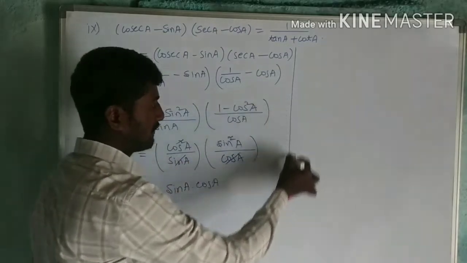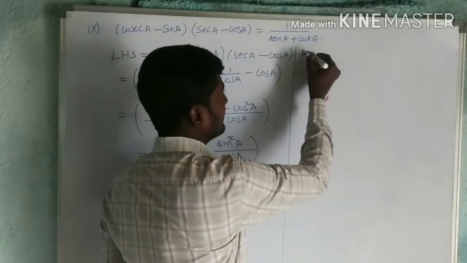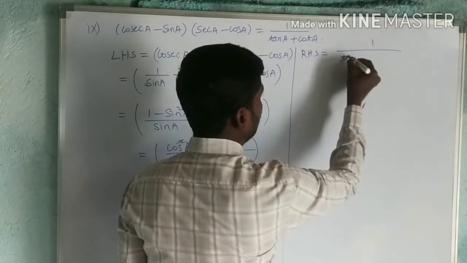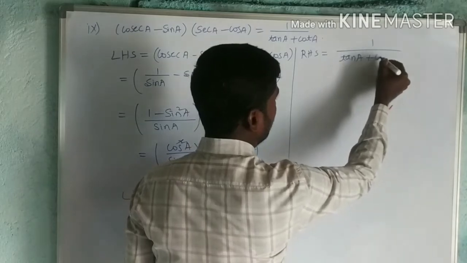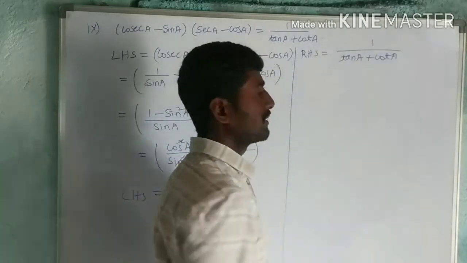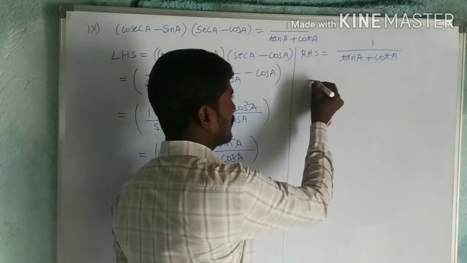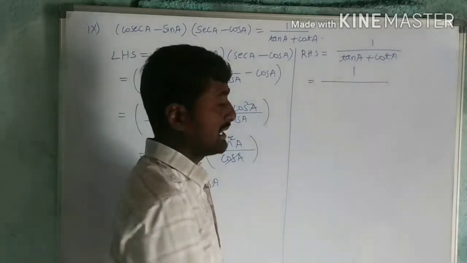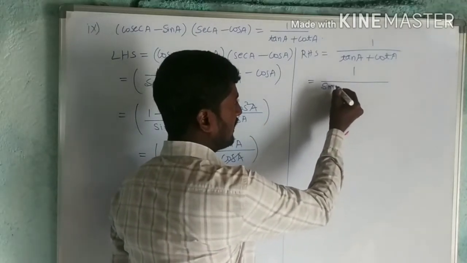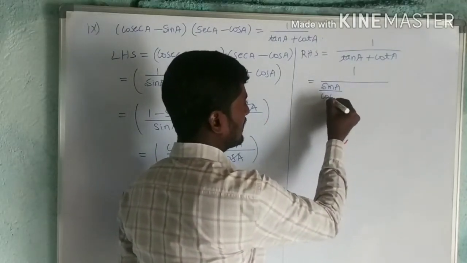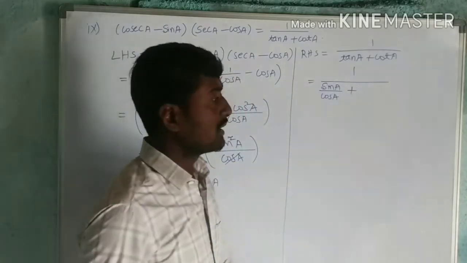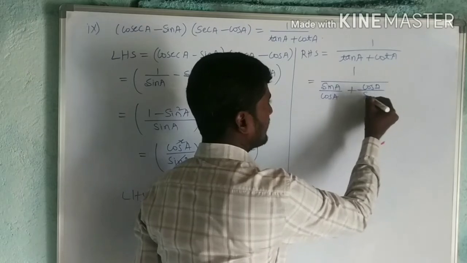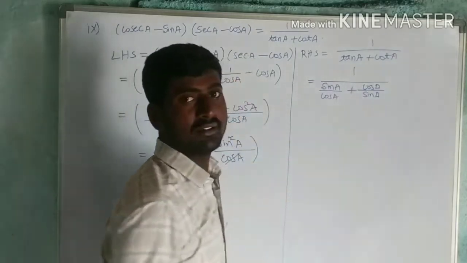Now I will go for RHS. RHS is equal to, what is that? 1 divided by (tan a plus cot a). Given value I take. Now this is equal to 1 divided by, this tan a can be written as sin a divided by cos a, plus cot a can be written as cos a divided by sin a.